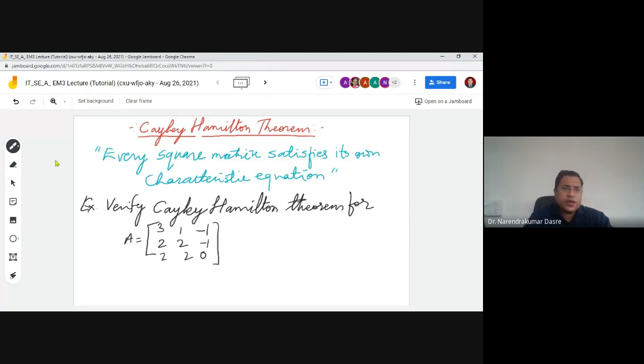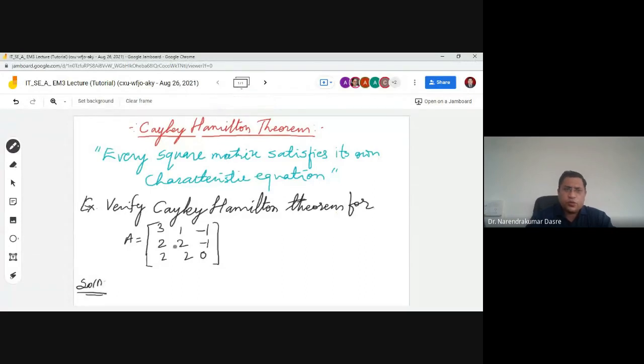So this is the matrix we have, and we have to show that this matrix satisfies the Cayley-Hamilton theorem. Okay, so we go with the solution.